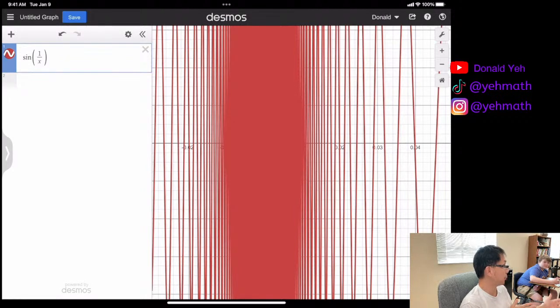It's increasing in frequency as it goes. It goes faster as it goes toward 0. Will it ever stop? It just keeps going so fast I cannot tell. So at 0, you cannot tell whether it's 1 or negative 1, or it could be 0. You cannot tell where it's going to be. It's not a defined value. That's oscillation.